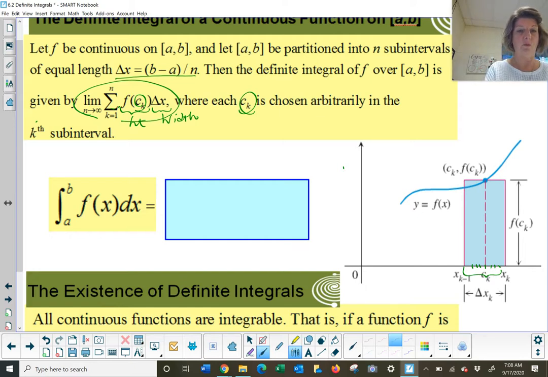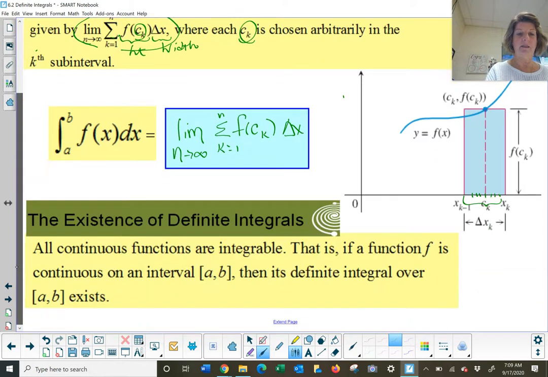And let's just write this. Definite integral is the limit as n goes to infinity of the summation from k equals 1 to n of f of c sub k times delta x.